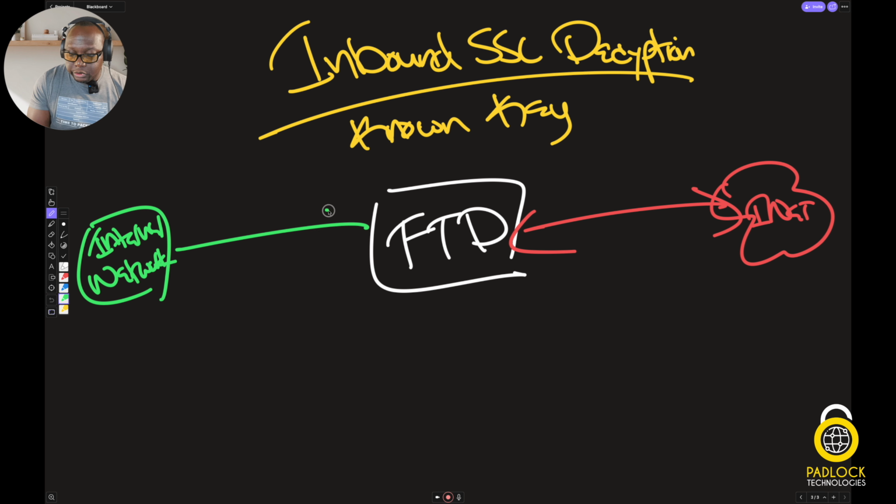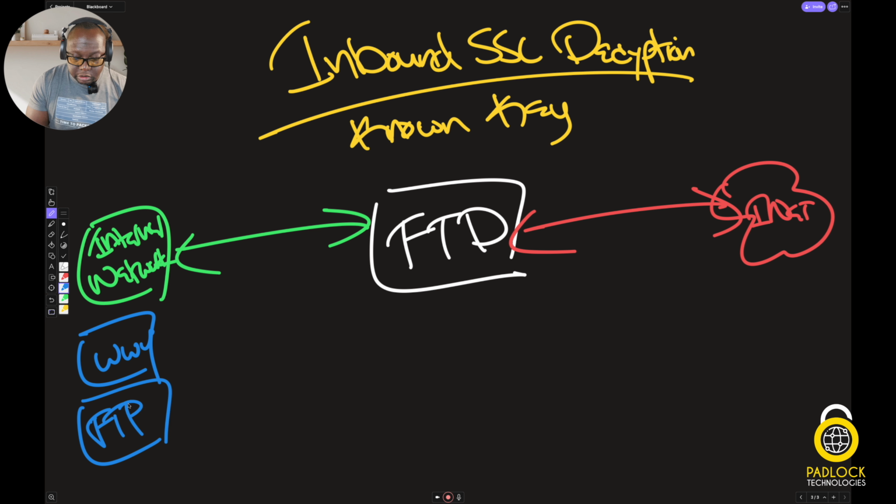What you're going to do, this type of decryption is for people that are trying to access resources on the inside of your network. So let's say you have a web server here, maybe an FTP server here, some kind of internal resource that people want to get to.